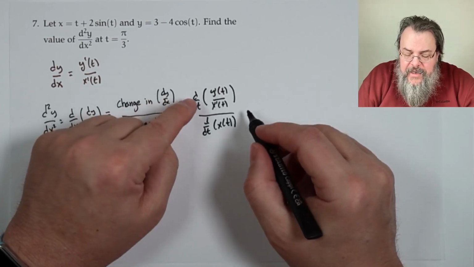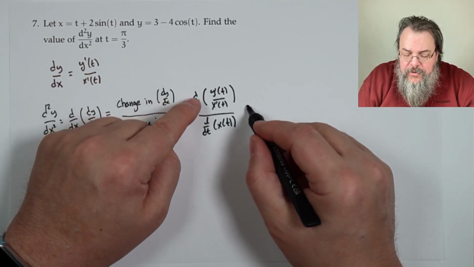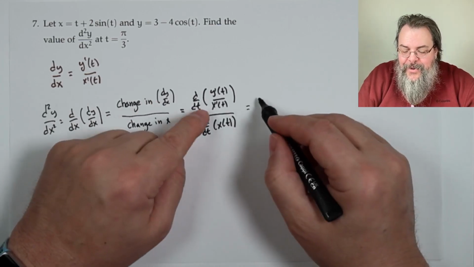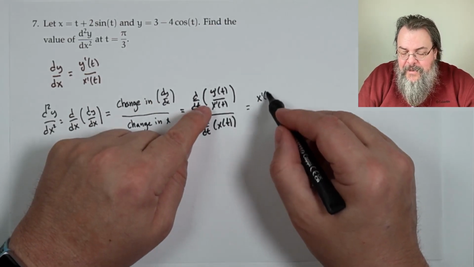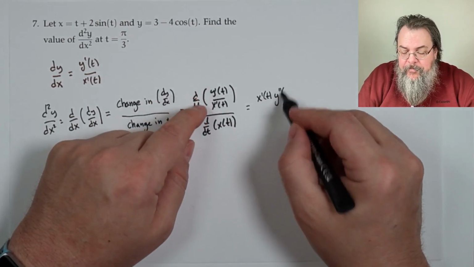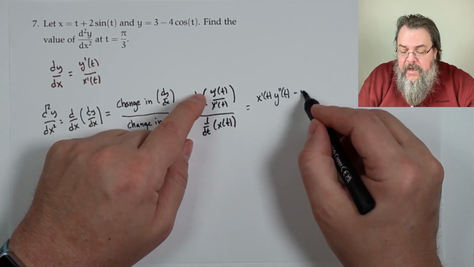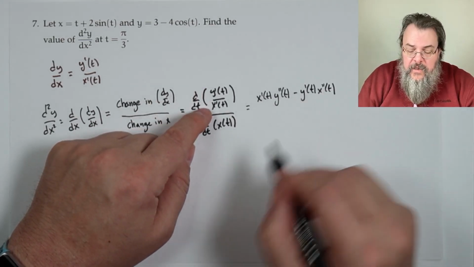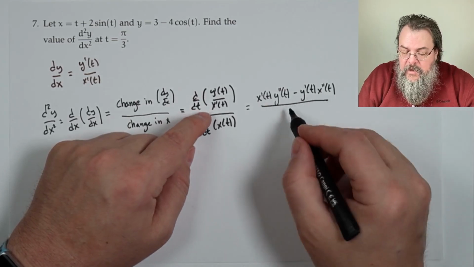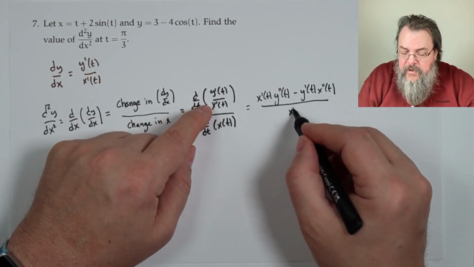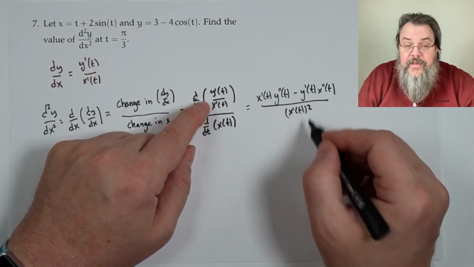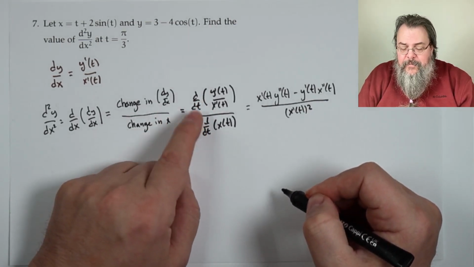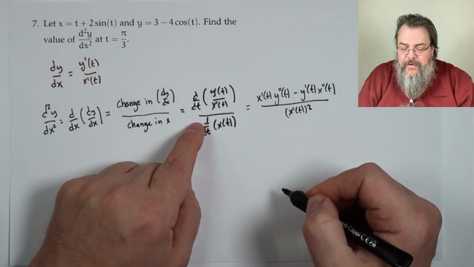But let's go ahead and do our chain rule. Sorry, not chain rule, quotient rule. So low d high minus high d low all over low squared. Now, that's just the top. Then you have it divided by x prime of t, right? You have to do it at the bottom.